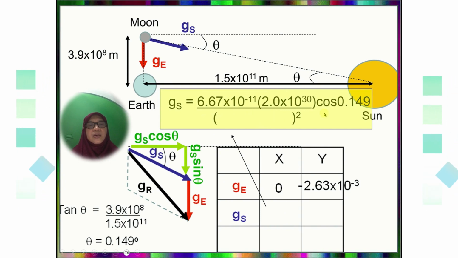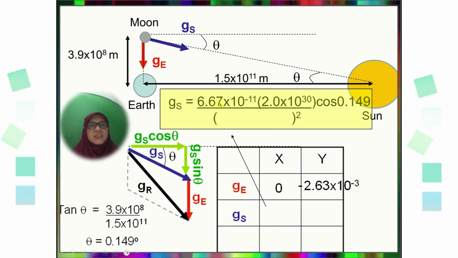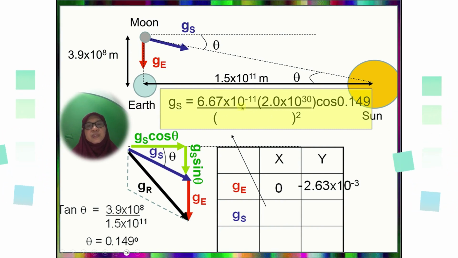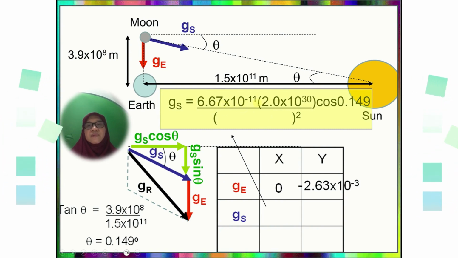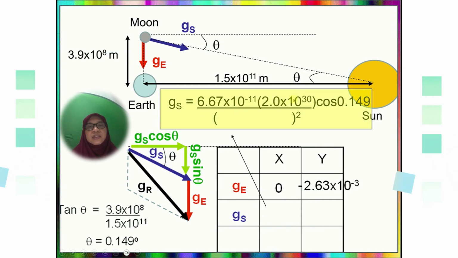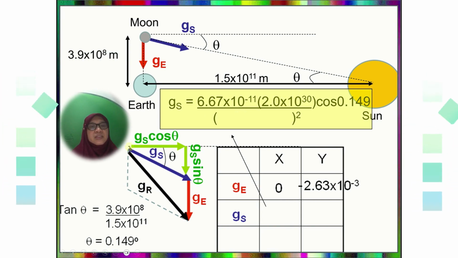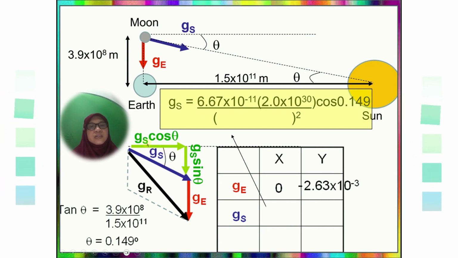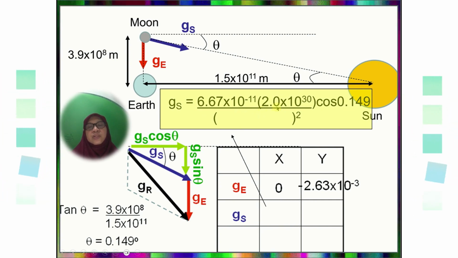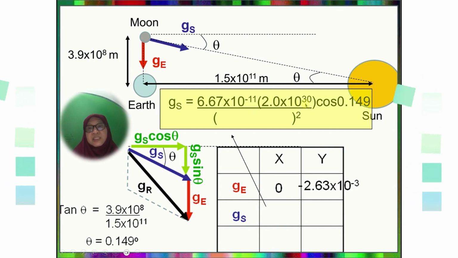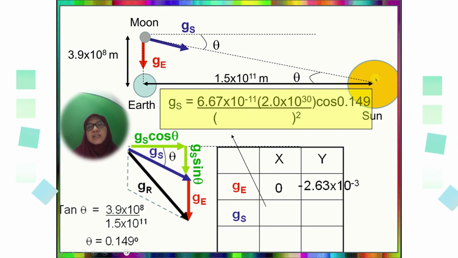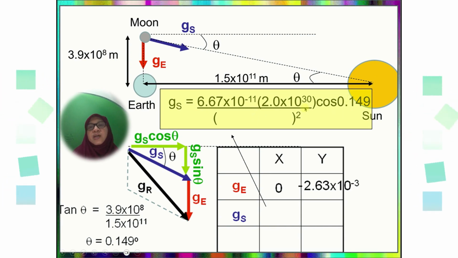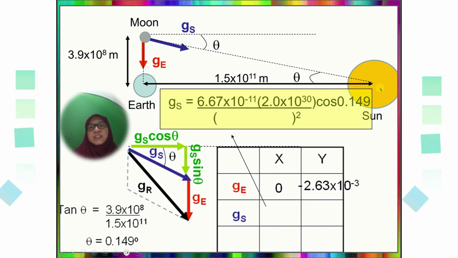The gravitational constant is 6.67 times 10 to the power of negative 11, and the mass of the sun is 2 times 10 to the power of 30, because this one comes from the sun. So the formula GM over r comes from the mass of the sun.